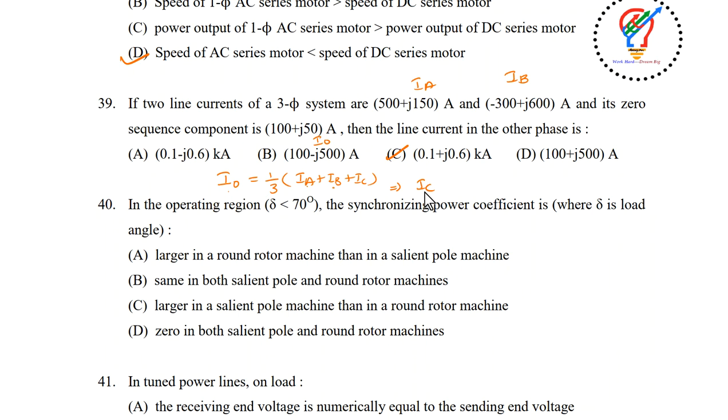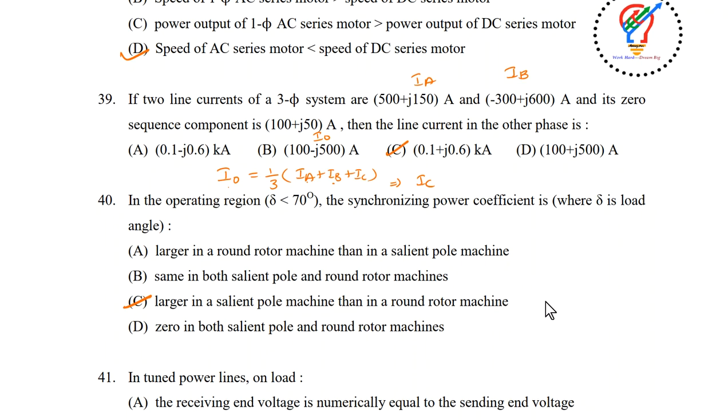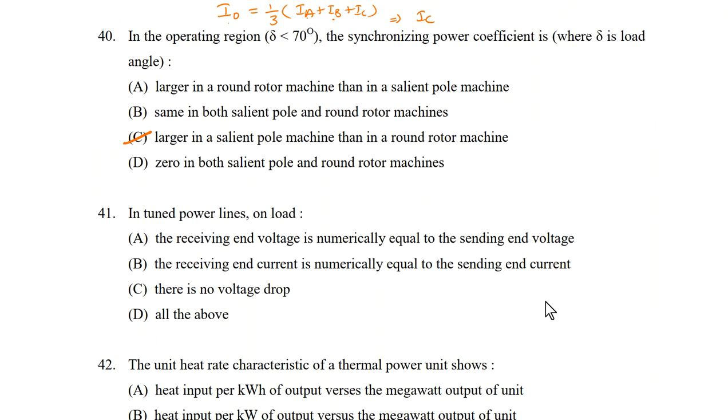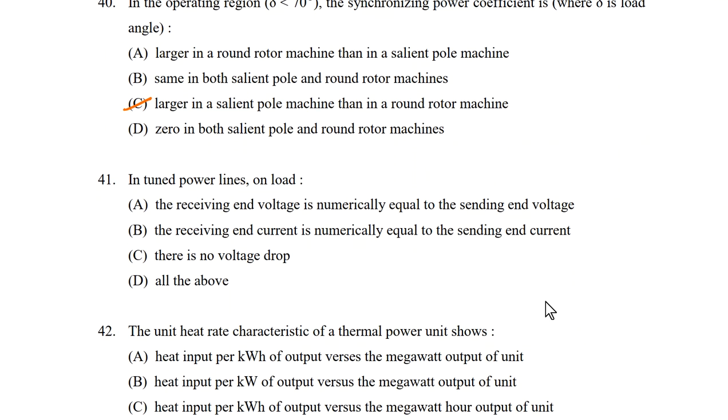So the answer here is larger in salient pole machine than a round rotor machine. There is a formula for P, and based on the formula also we can judge the answer as larger in salient pole machine than a round rotor machine.